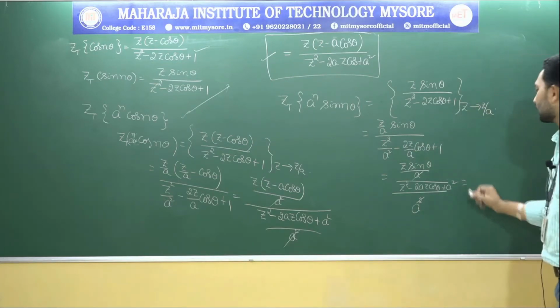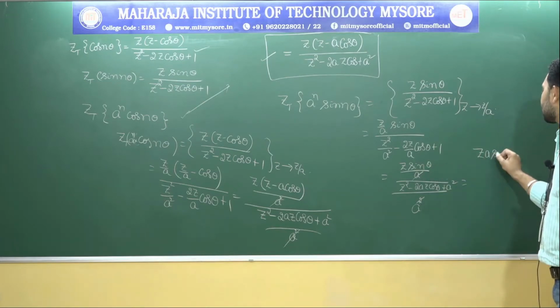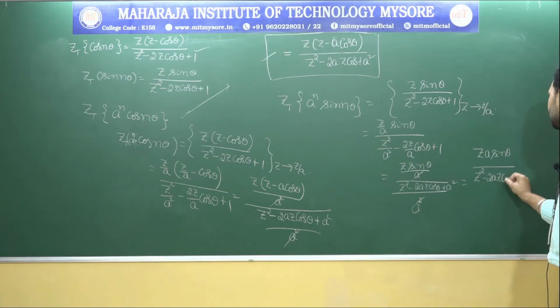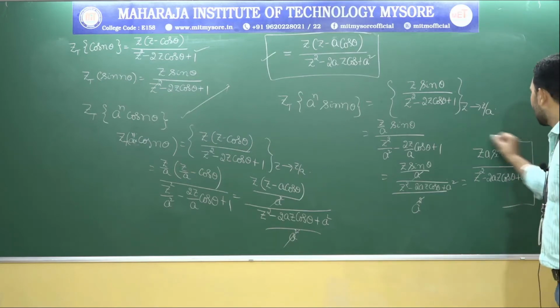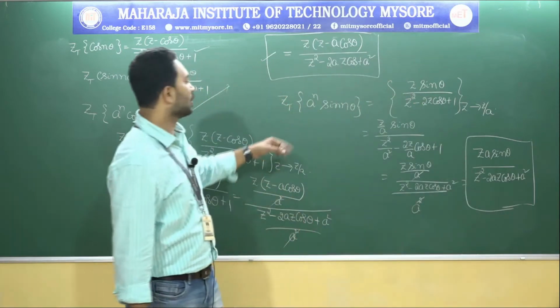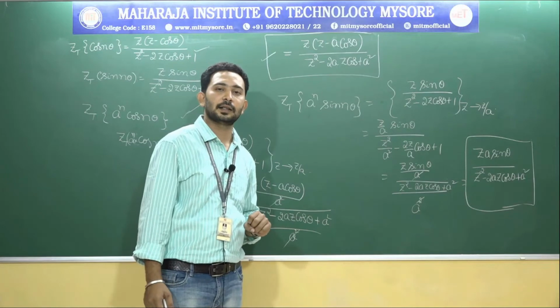Finally, the solution is za sin theta divided by z² minus 2az cos theta plus a². So this is the z transformation for a power n into sin n theta.